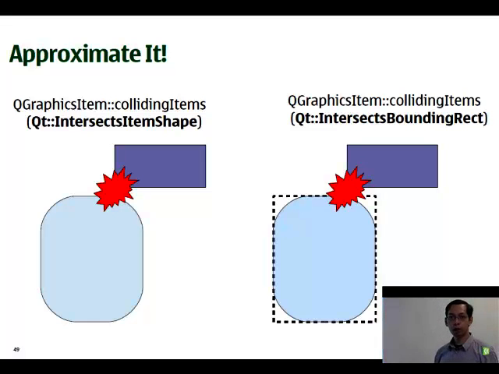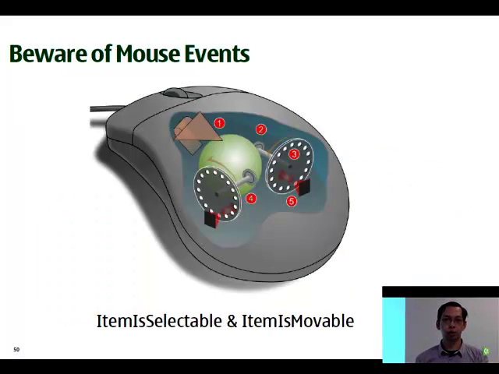And of course, you have to be careful when you use the mouse. This seems strange, but if you move your mouse around on a graphics view, then it needs to find out whether some items are selectable or movable and so on. So it needs to perform all the path operations.